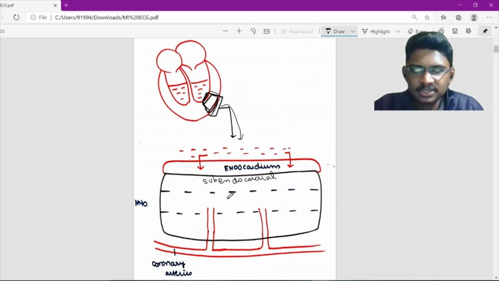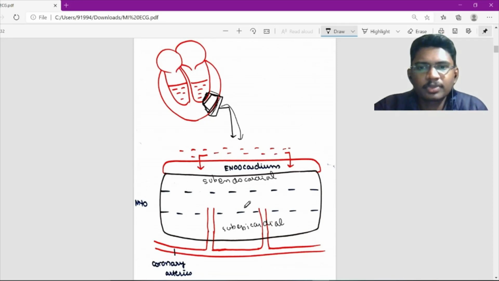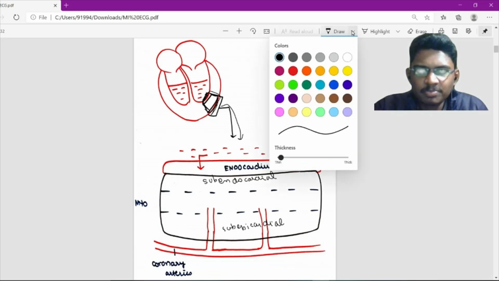This is the proper middle one-third of the myocardium. Then this is the subepicardial portion of the myocardium.